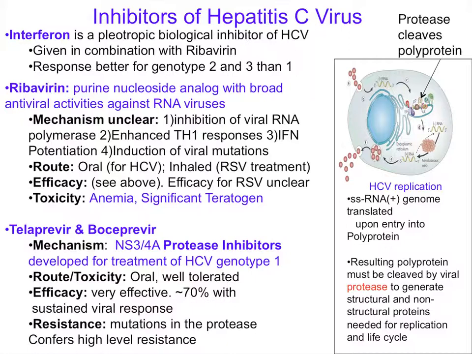I should mention that the inhaled version of ribavirin is sometimes used for serious RSV infection, particularly in immunosuppressed patients, including organ transplant patients. Its efficacy for RSV is somewhat unclear, and its usage for RSV is often very logistically challenging because ribavirin is actually a significant teratogen.